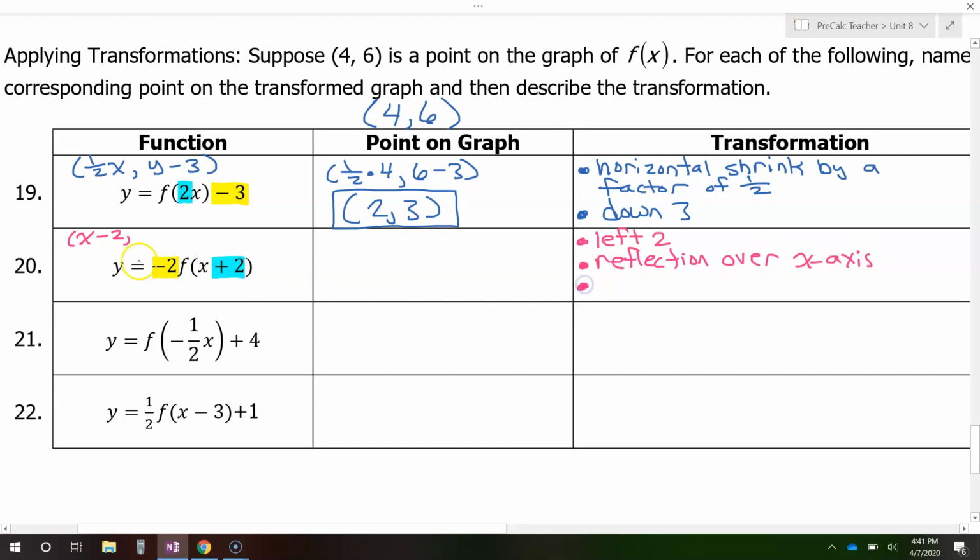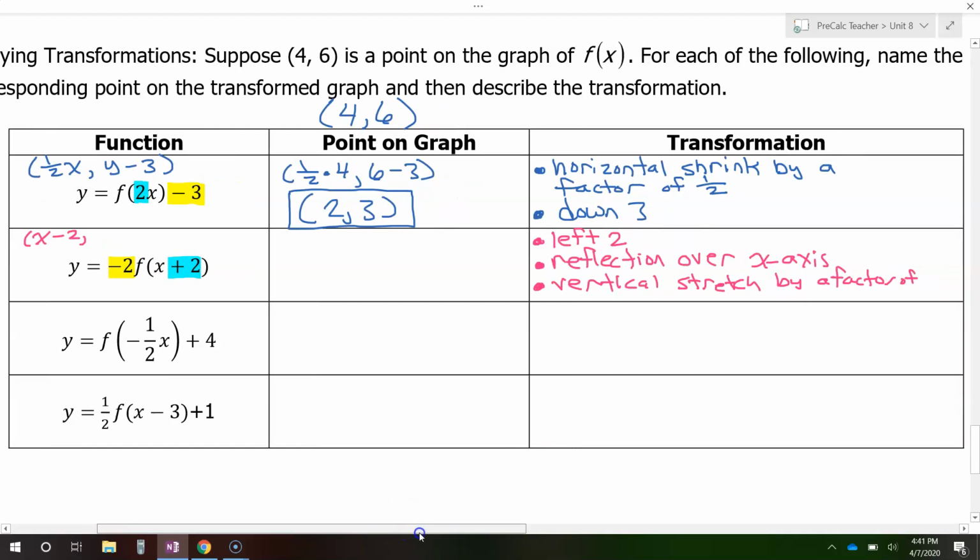Because the 2 part is bigger than 1, that is going to be a vertical stretch by a factor of 2.